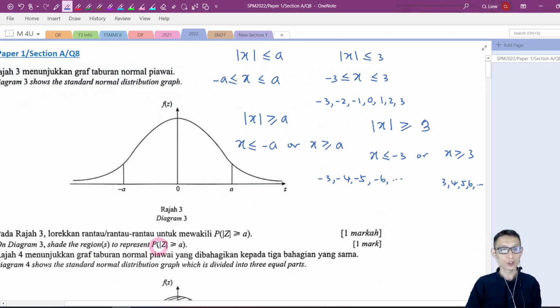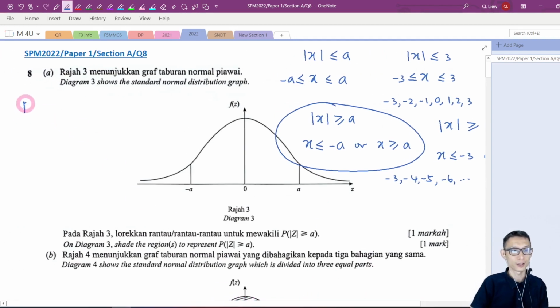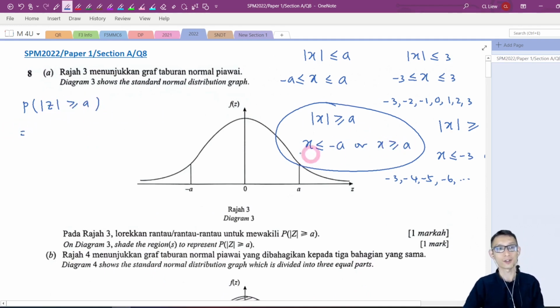Okay, so now the question is talking about this one: probability of modulus z greater than or equal to a. So I'm going to break this into two parts like this. Or means plus together.